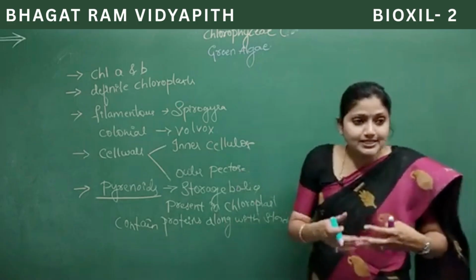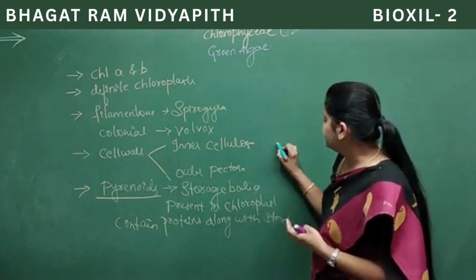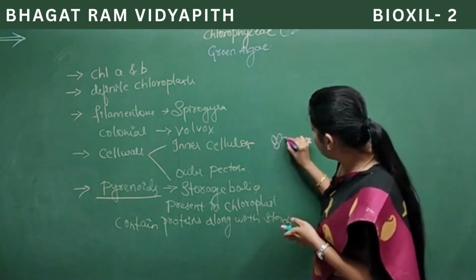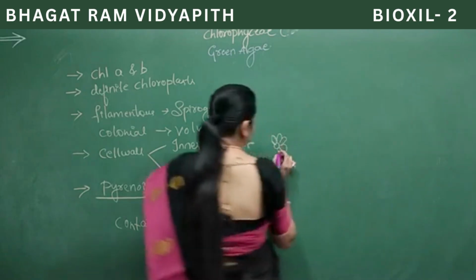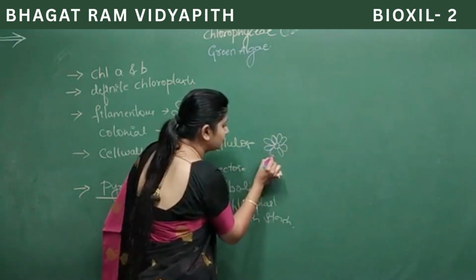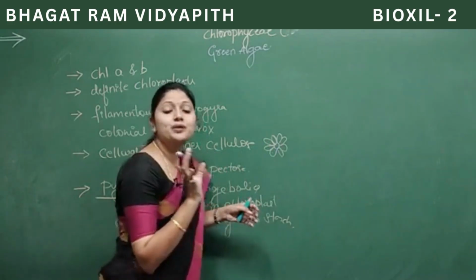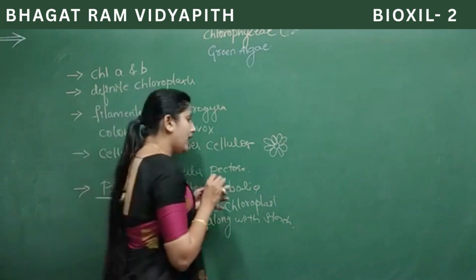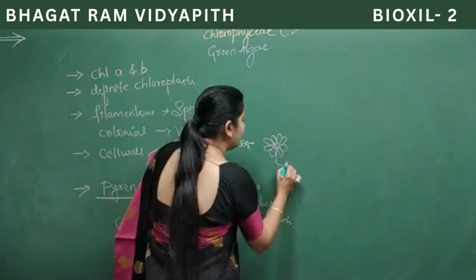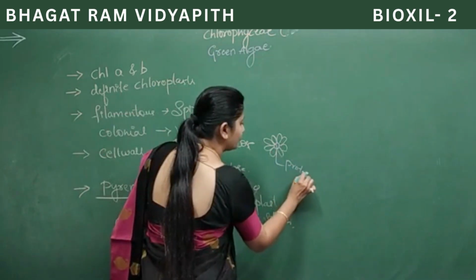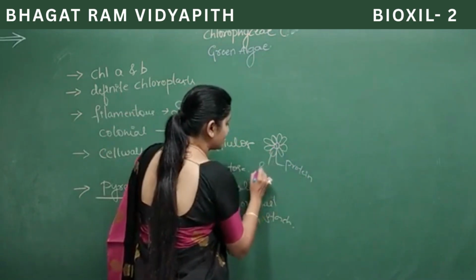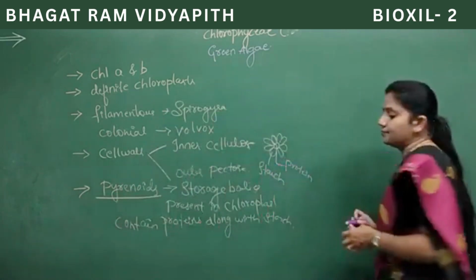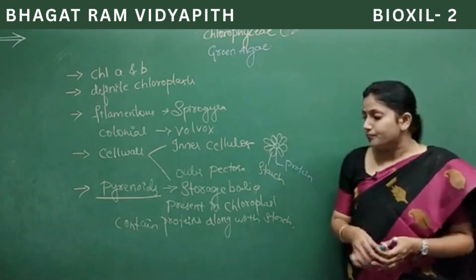How that looks is, see, this is one structure which is present in the pyrenoid. The central complex is the protein and this is starch. So these kinds of structures are present in the pyrenoids.